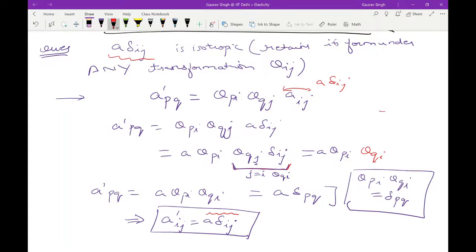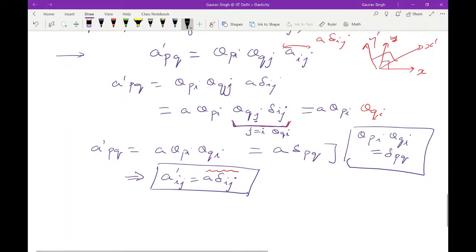So if x, y is like this, the new x dash and y dash would still be 90 degrees. So for orthogonal transformations this is true. The form is retained, hence A delta ij is an isotropic second order tensor.